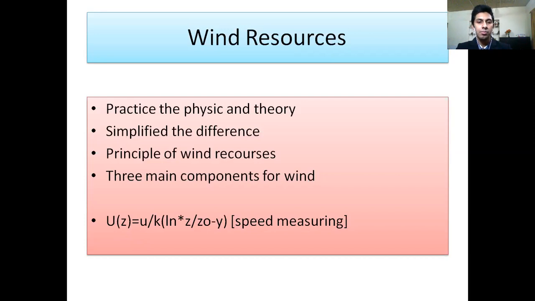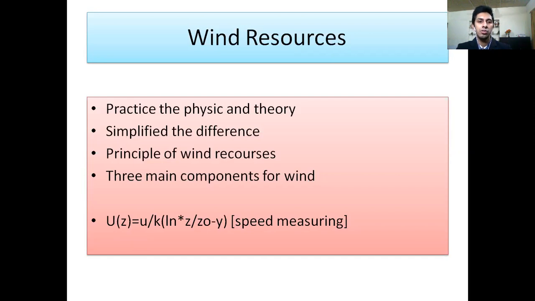Here U equals the wind speed, u* equals the friction velocity, K equals the von Kármán constant, Z is the height, Z0 equals the roughness length, and Ψ equals the atmospheric stability function. In neutral conditions, the stability function is 0, and we get a purely logarithmic profile.